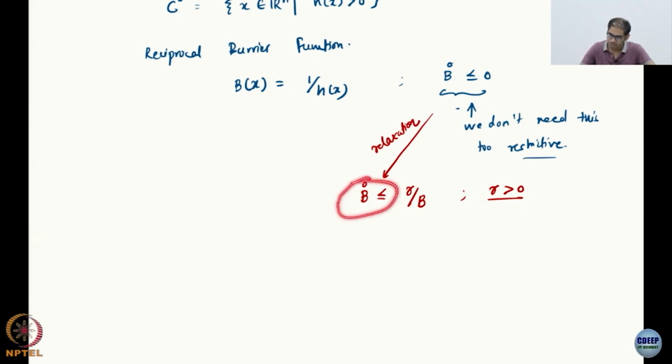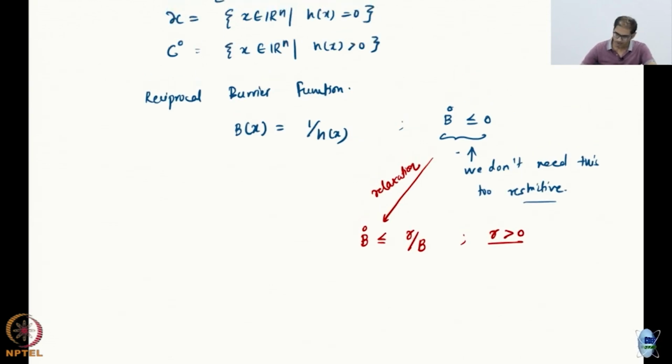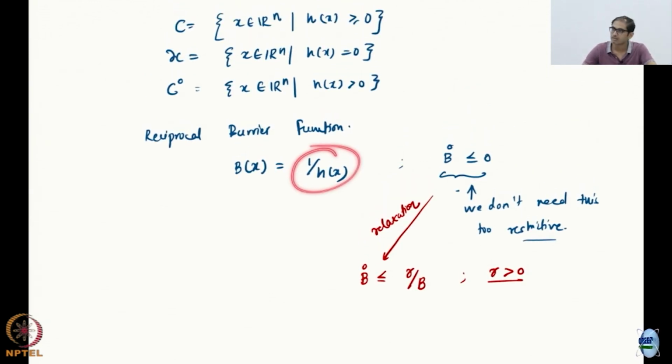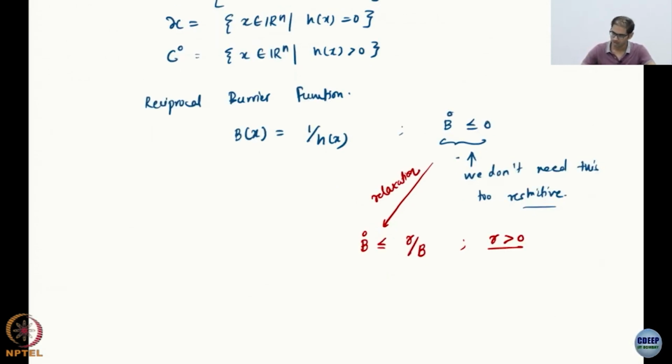It's saying that if you are very far from the boundary, what happens to B? If you look at our barrier function, B is some finite value, it will give you some finite decay, hopefully.